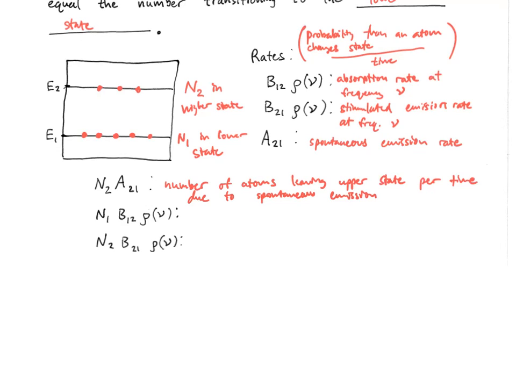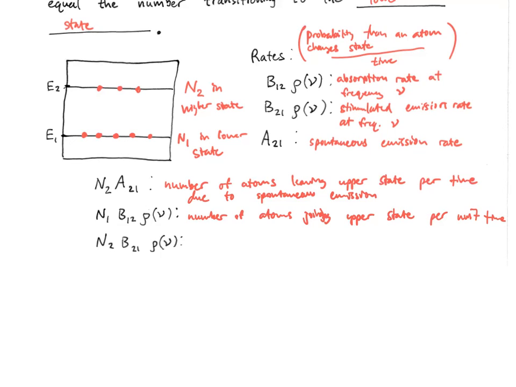This number down here represents the total number of atoms joining the upper state per unit time.